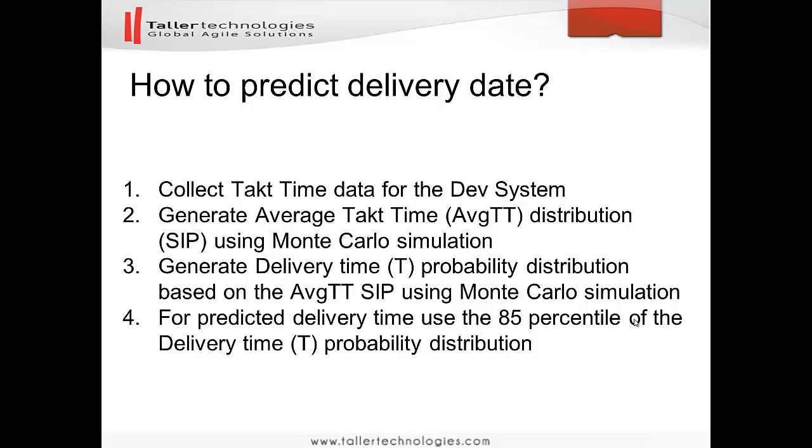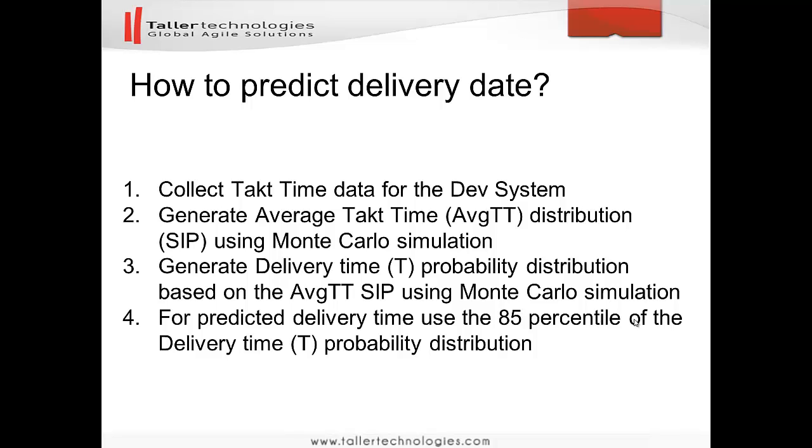Firstly, we will have to collect takt time data for the development system. Then, using Monte Carlo simulation, we will generate average takt time distribution, or the so-called stochastic information packet, SIP. And this SIP should be stored for future use. So this SIP will be used for all future projects that we will be planning for the same development system.